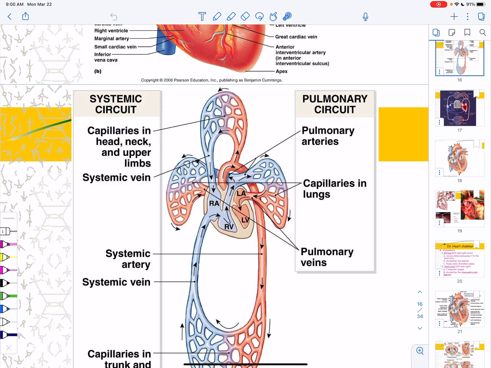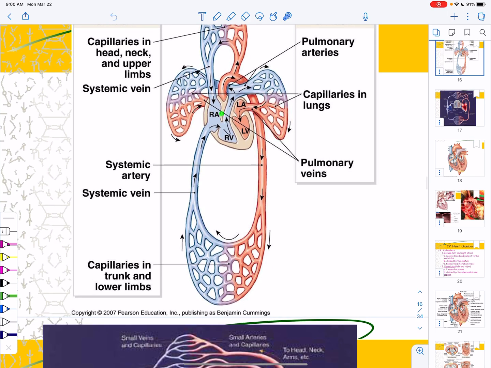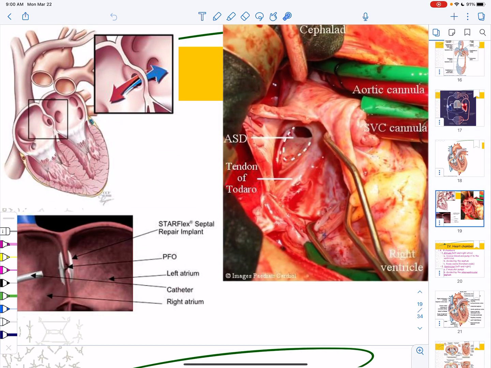I'm now going to talk about how the blood moves through these chambers. So there's two chambers on each side. The A and the A here mean the same thing. We have right and left atria. And then on the bottom, we have right and left ventricles. All right. So the atrium and the ventricles are a little bit different.